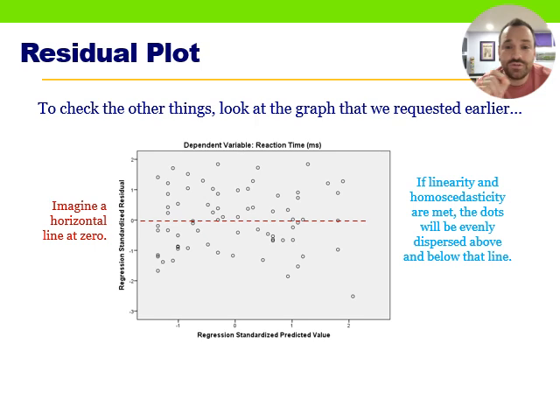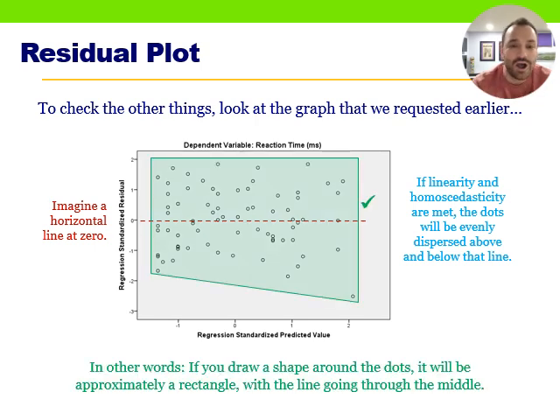If both of these assumptions are met, that shape should be rectangular. Because what we're looking for here is that no matter at what point on the x-axis we're at, the dots should be pretty well evenly dispersed both above and below the line, so that if we were to imagine drawing a shape around them, it would look pretty damn close to a rectangle with our horizontal line going through the middle of the rectangle.